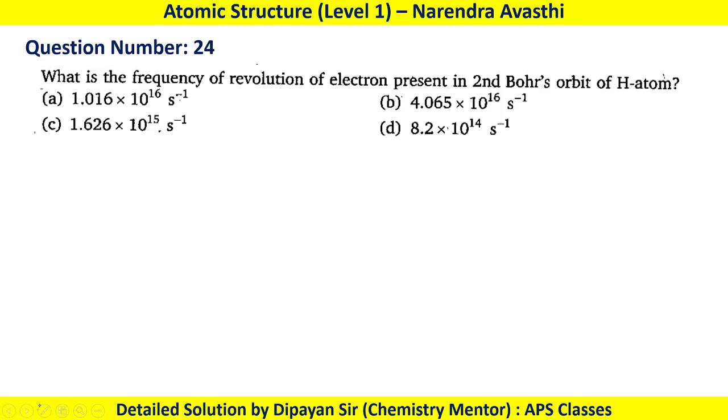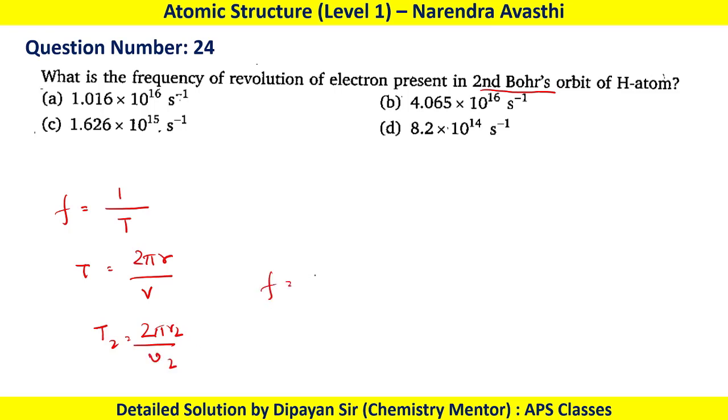In question number 24, what is the frequency of revolution of the electron present in the second Bohr orbit of the hydrogen atom? Frequency of revolution is 1 by time period, and time period can be calculated as 2 pi r divided by v. So the time period for the second Bohr orbit is t2, 2 pi r2 divided by v2.